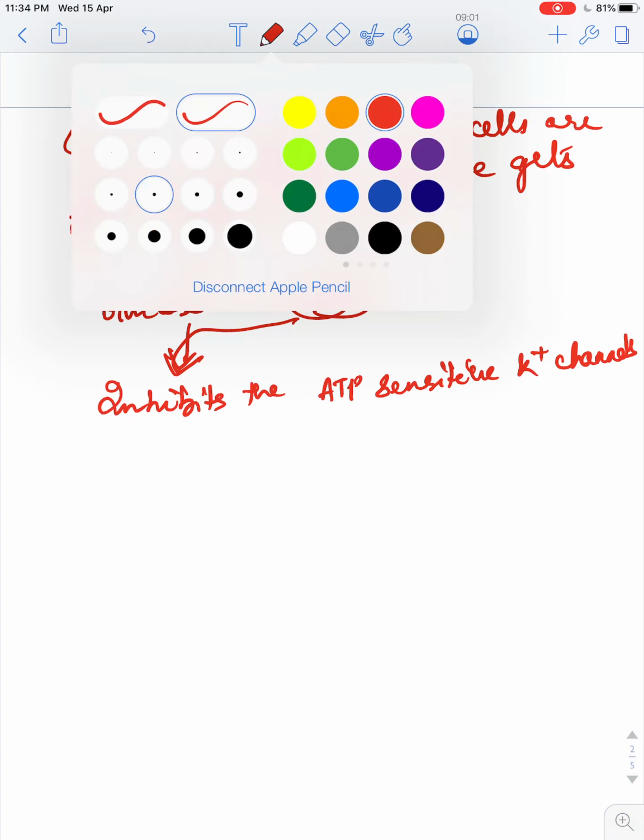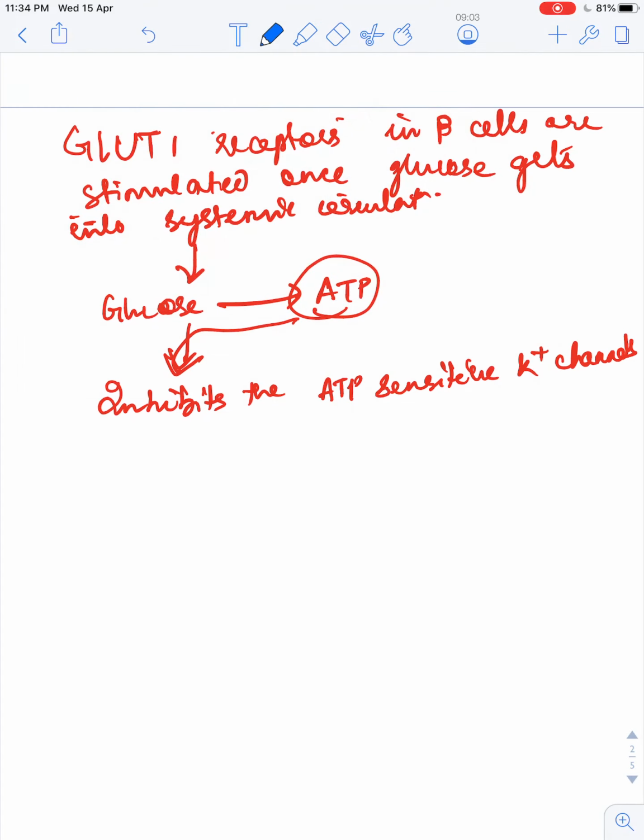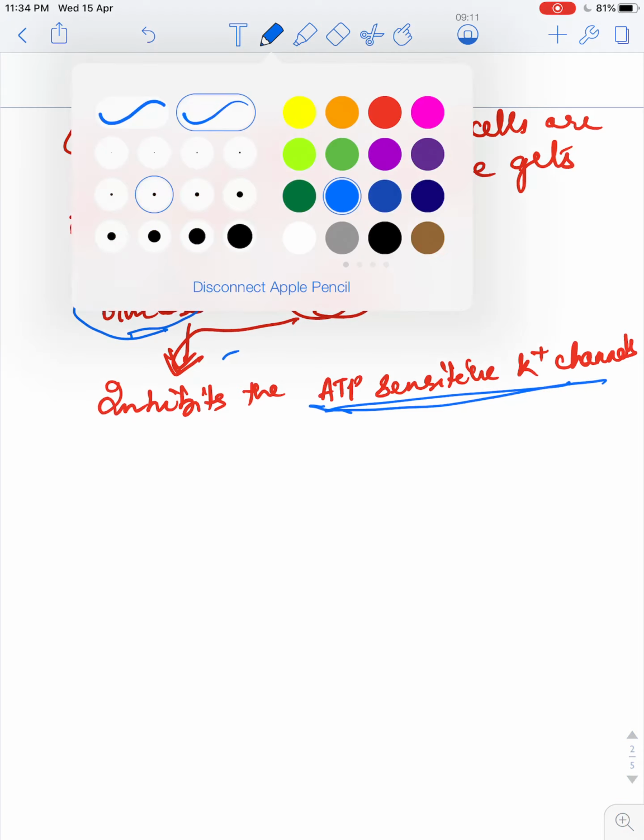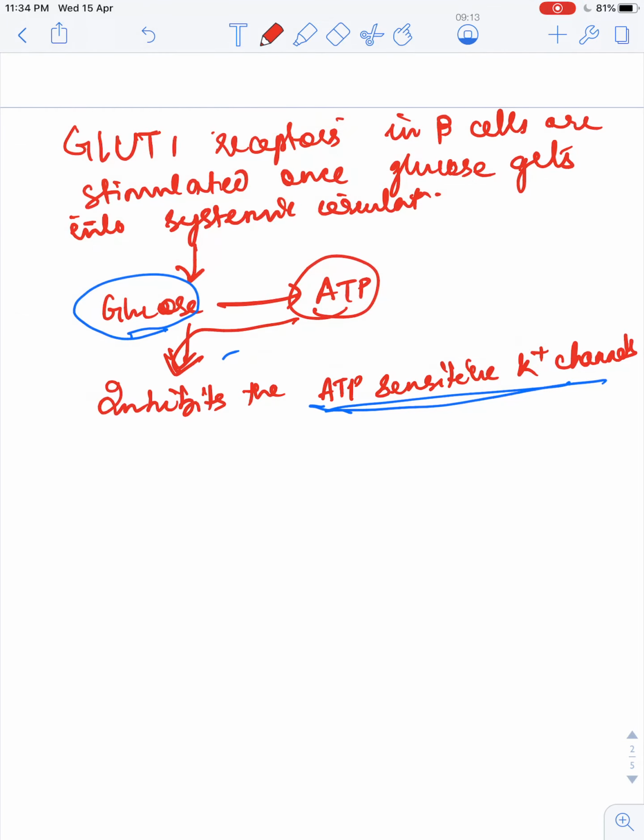Okay, the ATP that is formed after the metabolism of glucose inhibits the ATP sensitive potassium channels. Then this inhibition of ATP sensitive potassium channel causes the partial depolarization of beta cells.